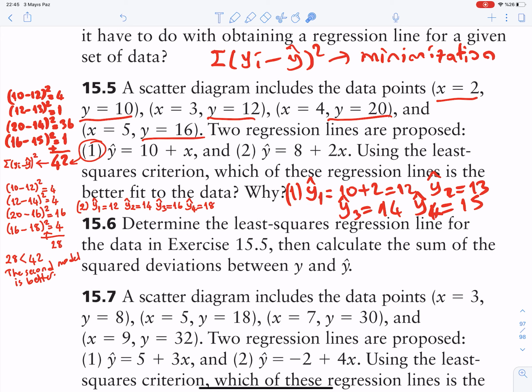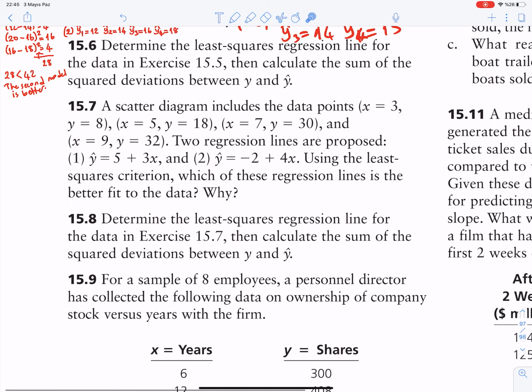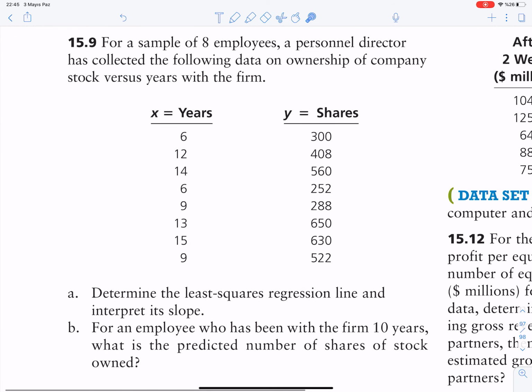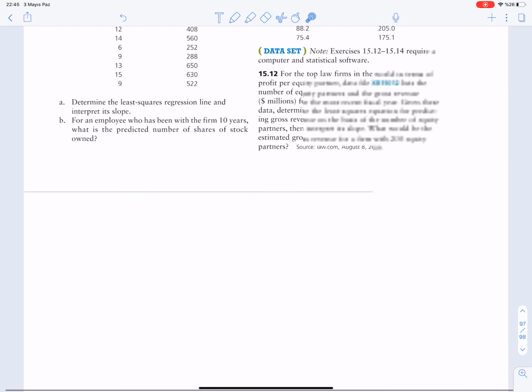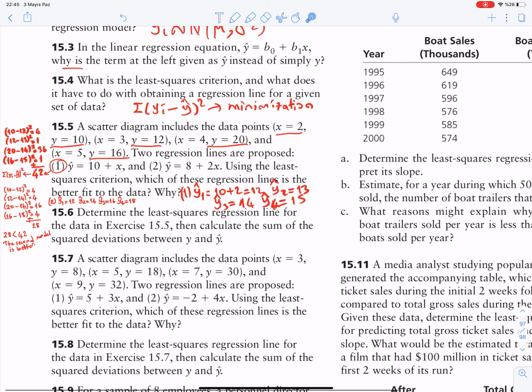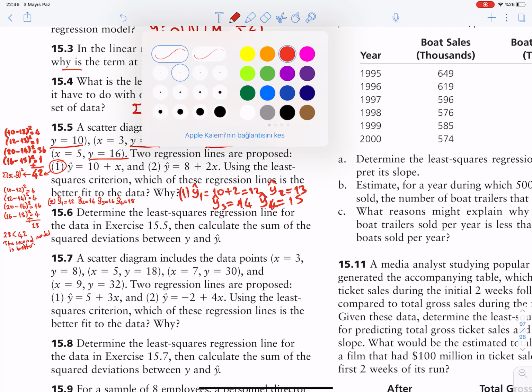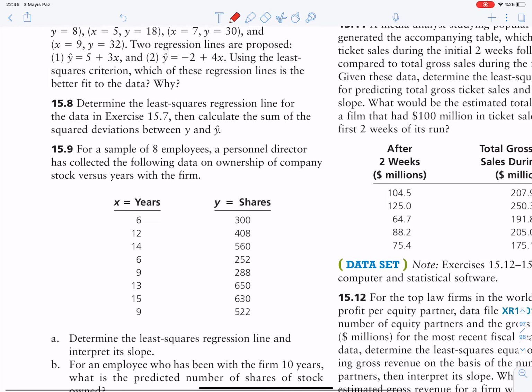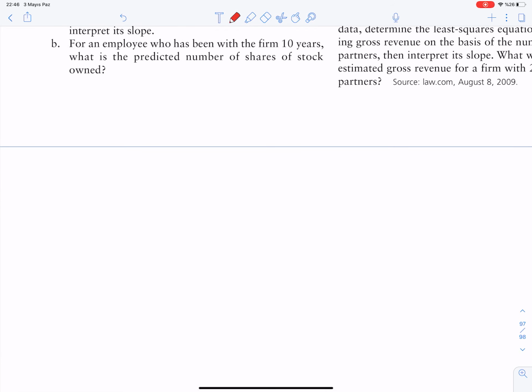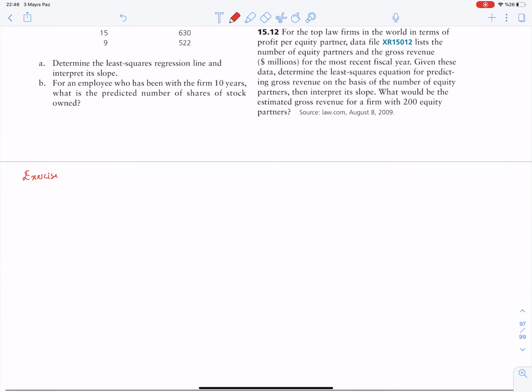To obtain this, I need some space, so I'm going to copy the data here, for exercise 15.6.